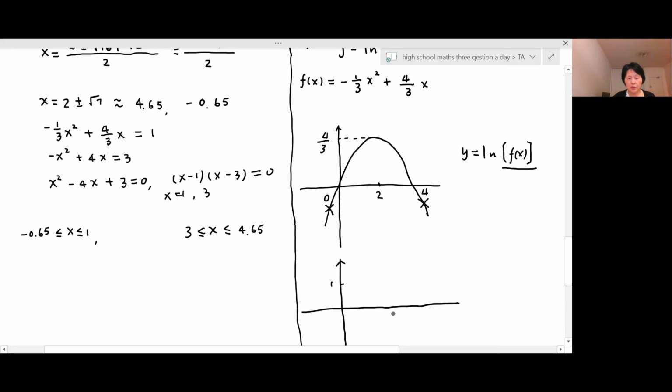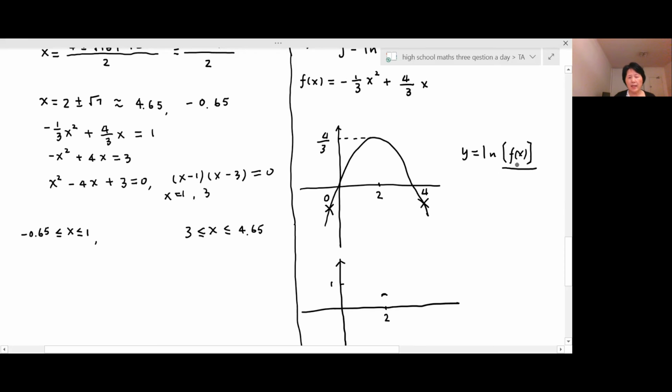When x equals 2, this one is log of 4 over 3, and I check that this will be 0.29. So the maximum point will be at 0.29 here. Then you can see this part getting small, eventually coming to 0.